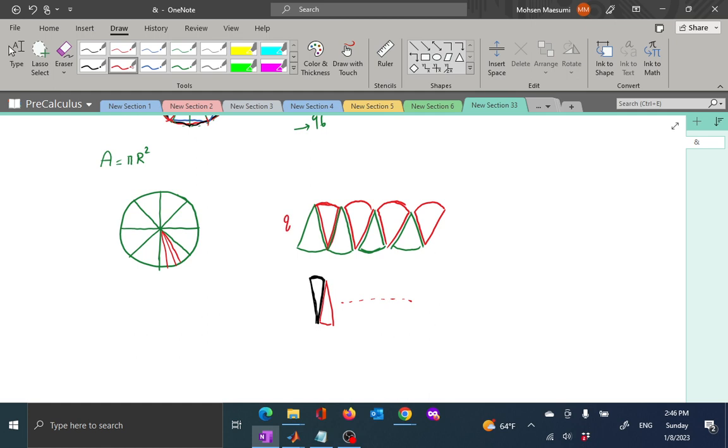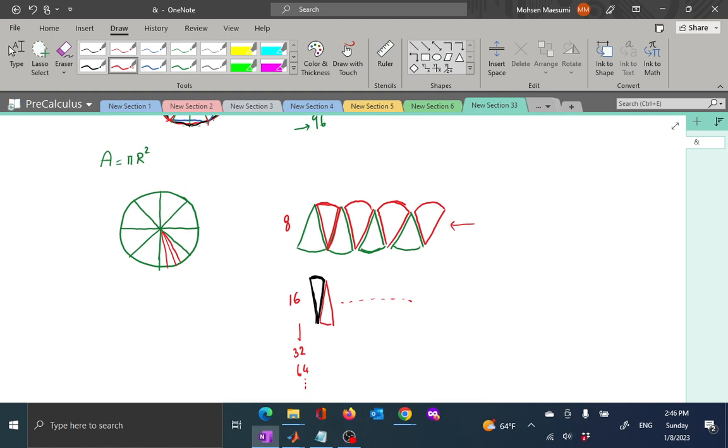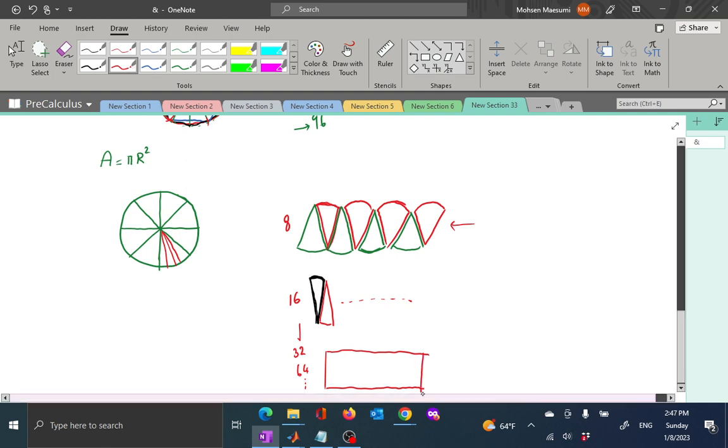So this was 8. If you subdivide them into 2 and do 16, and if you do 32, and if you do 64, and keep going, what happens is that this shape is going to gradually become like a perfect rectangle.